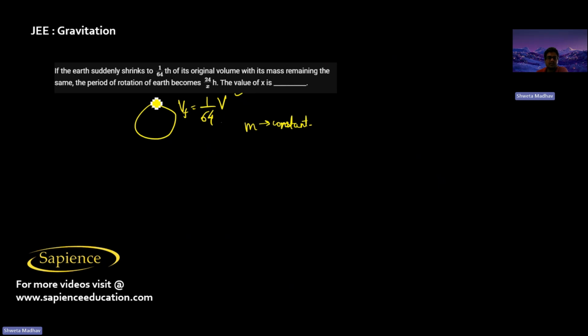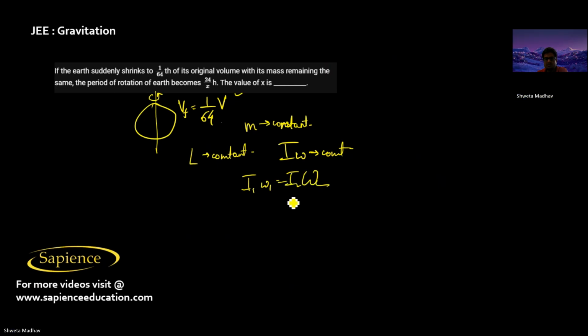Now we can say that in case of rotation, the angular momentum of the Earth's rotation will remain constant. So I omega will remain constant, where I is the moment of inertia of the sphere. So I1 omega 1 is equal to I2 omega 2.